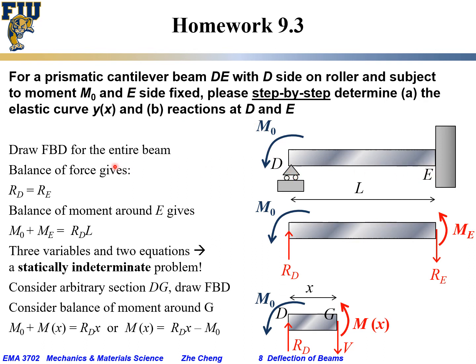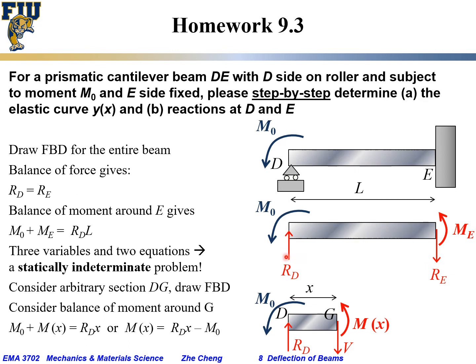So like before, we would first draw the FBD, or free body diagram, for the entire beam. This DE beam, we have the external local moment M0, and at D, let's assume there is a reaction force RD, and at the E side, let's also assume a reaction force RE.